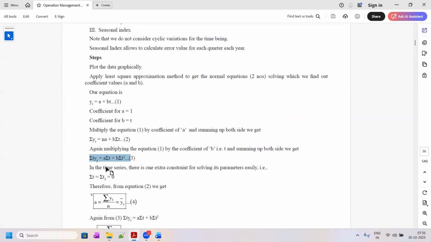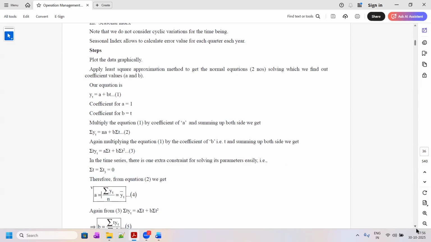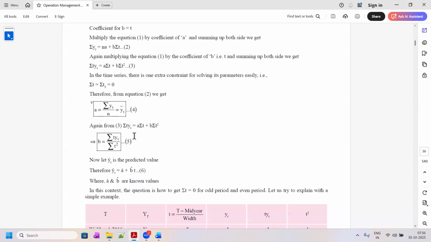That is what is written in the time series. If you make sum of t 0, then your a value would be sum of y by n, and your b value would be sum of ty by sum of t square.